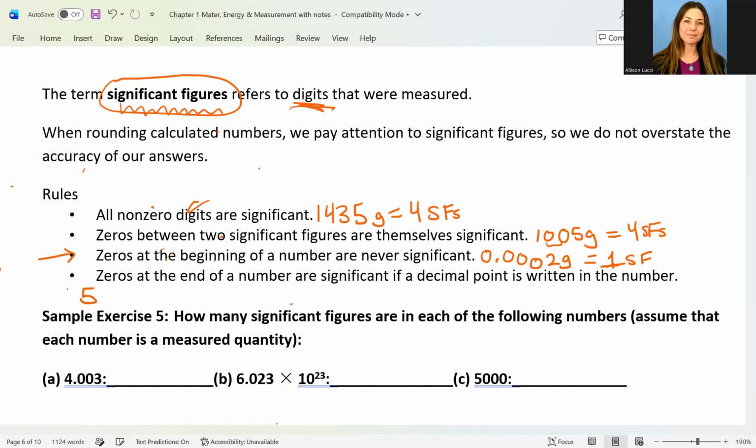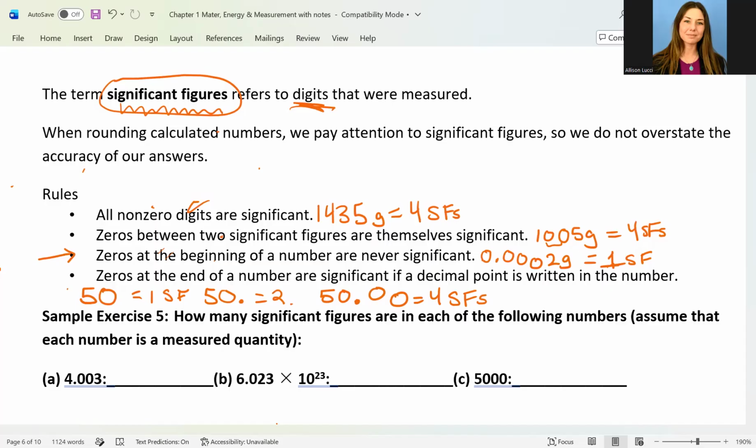So if I have 50 without a decimal point, that's only one sig fig. Let's say I have 50 with a decimal point, that would be 2. And then say I have 50.00. All of these zeros would be significant, so this would be 4 sig figs.